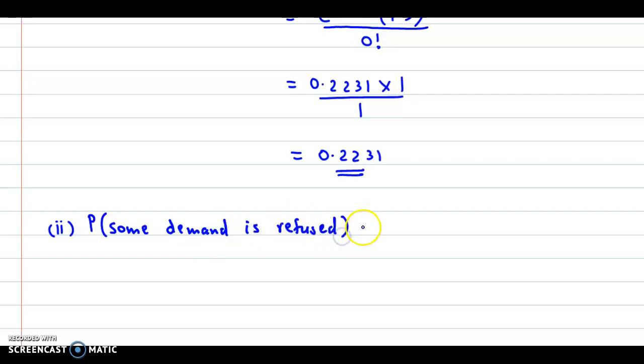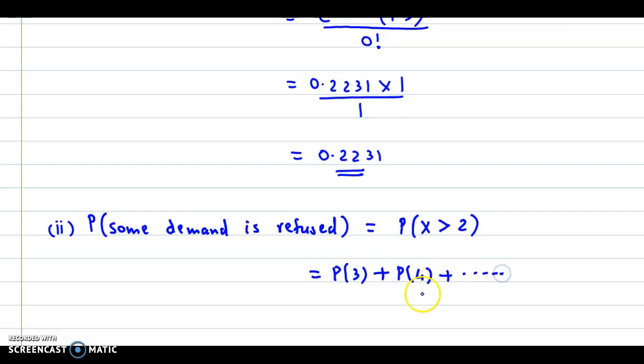Now the demand would be refused if demand exceeds 2, because we have only 2 cars. Basically we have to find probability of x greater than 2. That is, if the demand is for 3 cars or if the demand is for 4 cars or for 5 cars and so on.